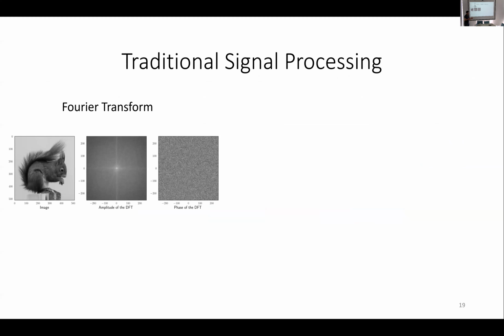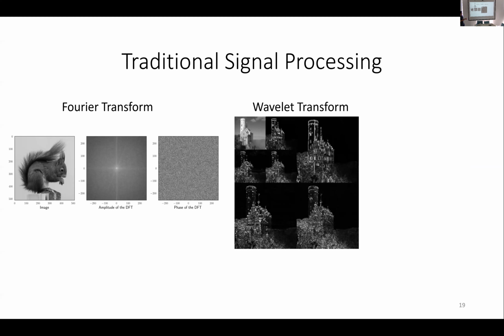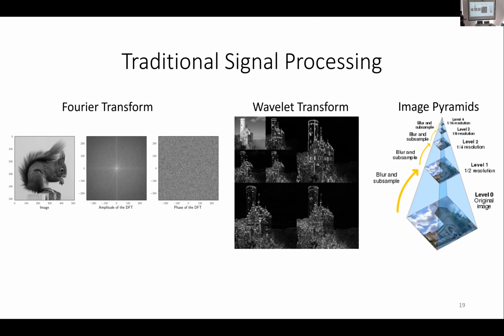And so traditional ways of representing signals are via discrete image grid, and these allow us to, for example, use a rich set of decomposition and manipulation techniques that we have in signal processing, such as using Fourier transform, the wavelet transform, or that of image pyramids.